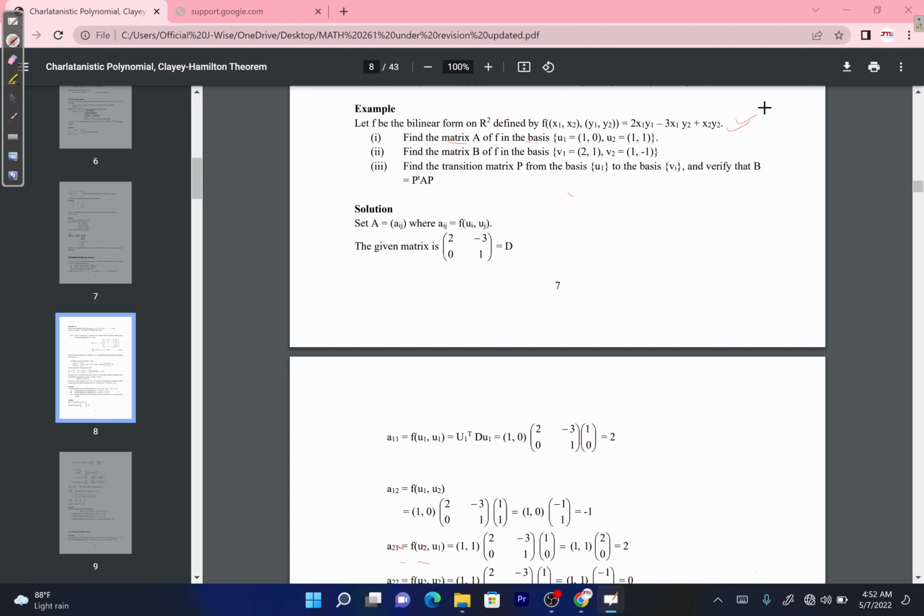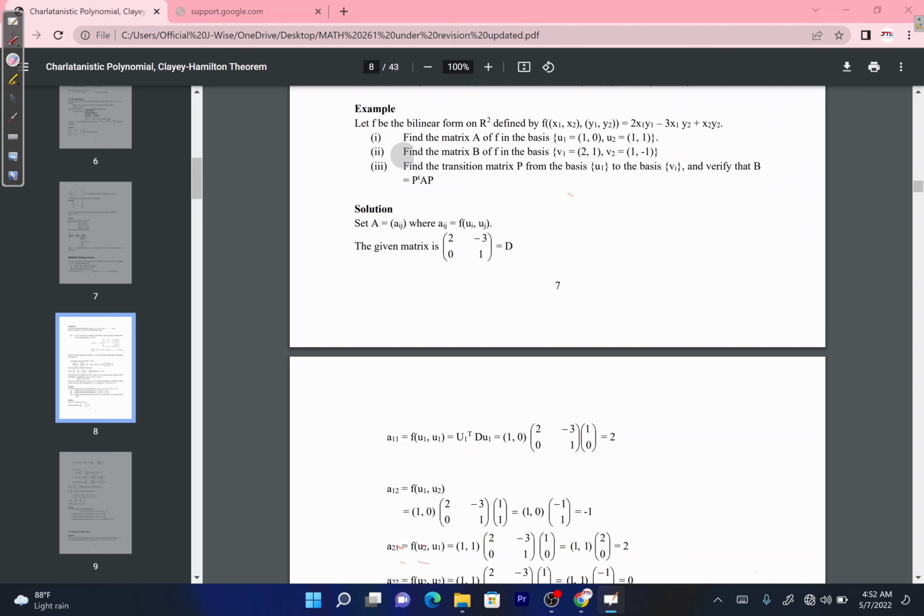We are to find the matrix A of f in the basis u1 and u2. First of all, we can generate our coefficient matrix from this. Let that one be D, such that the element on the first row, first column is 2, first row, second column is -3. There is no element on the second row, first column, so that's 0. Then second row, second column is 1. So we let that one be D.